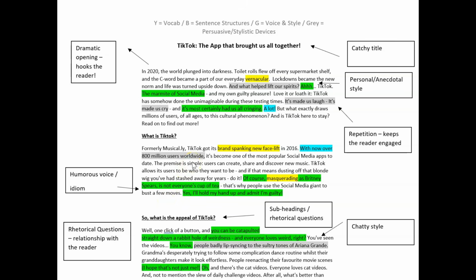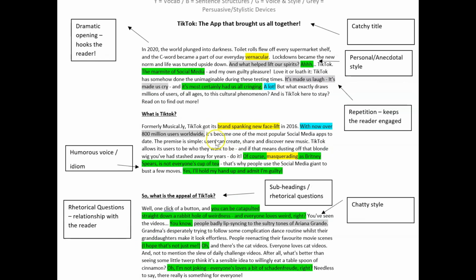And lastly, even though this is, I guess, a personal piece, an informative piece to a degree, I have used persuasive or stylistic devices. Please do watch my video. My students use the acronym A Ripe Forest. Some which I have used: repetition. It's made us laugh. It's made us cry. There's lots of opinions, lots of facts, 800 million users worldwide.